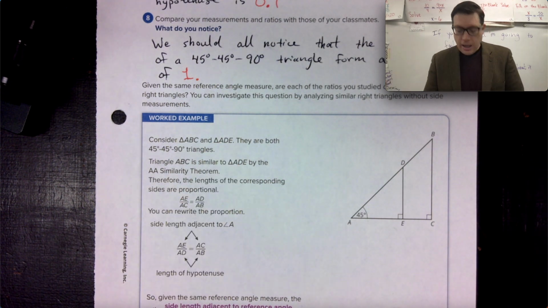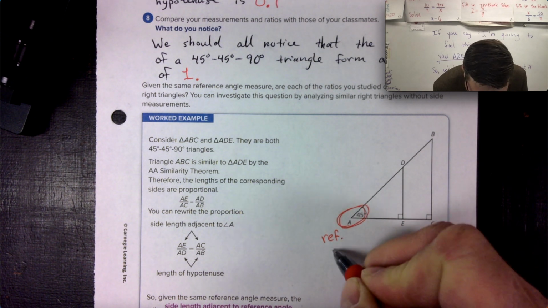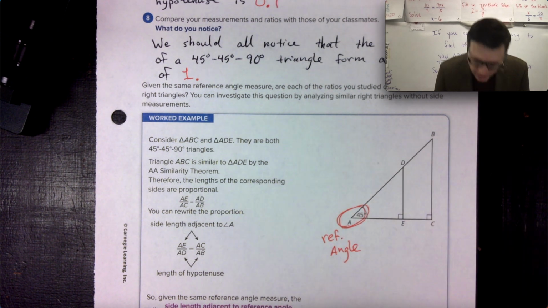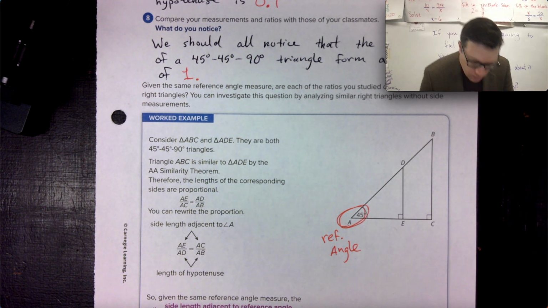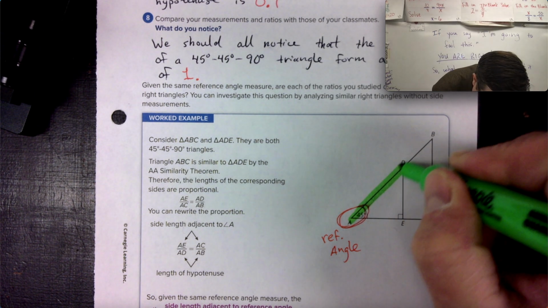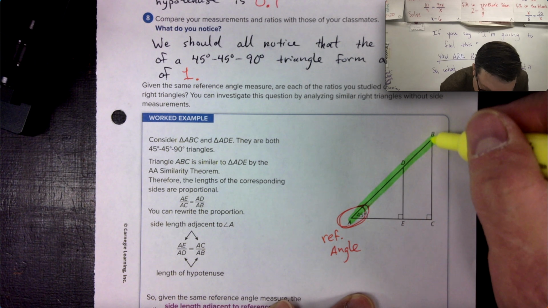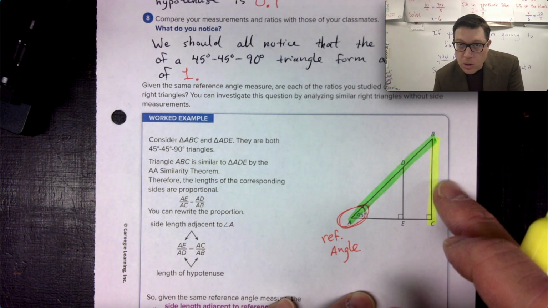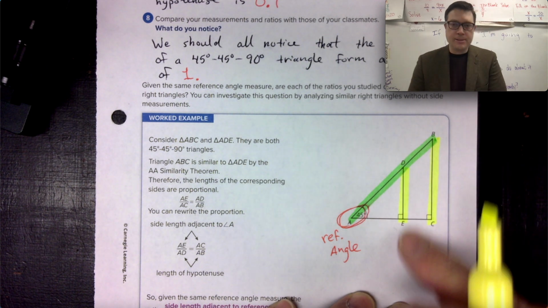I'm going to call out that this is the reference angle. We're going to consistently stay with angle A as the reference angle. This is the side that we're going to call the hypotenuse. This is the side we're going to call the opposite side from angle A. And in the smaller triangle, this is the side opposite angle A.